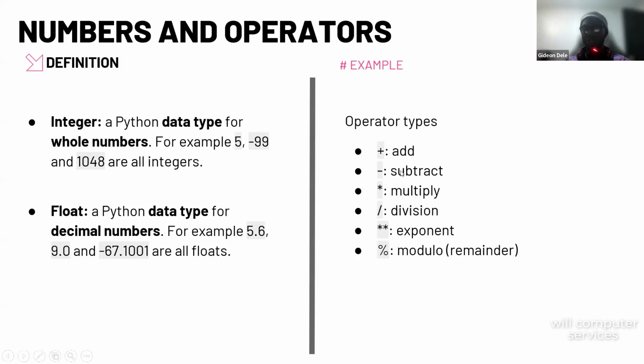Python recognizes the plus symbol as addition, and the hyphen, which is minus, as subtraction. But contrary to mathematics, where you use X for multiplication, it is different in Python. If you want to tell Python to do multiplication, we use an asterisk, a single asterisk.